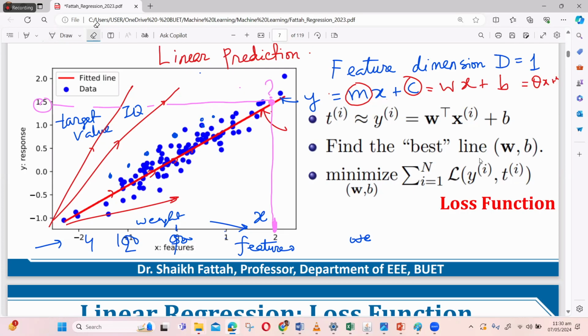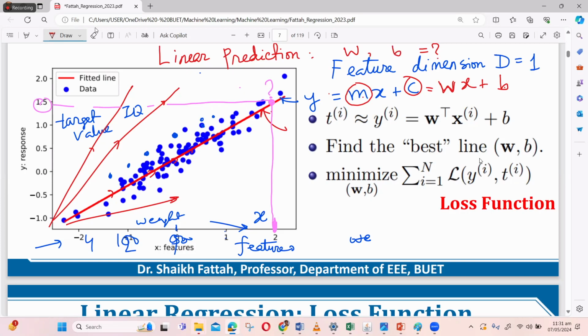What is important is to understand what you have to find out: the unknown parameters, m and c, or in this case w and b, that will provide you this red line, the prediction line. In linear prediction, our objective is to find w and b that best match these data points.